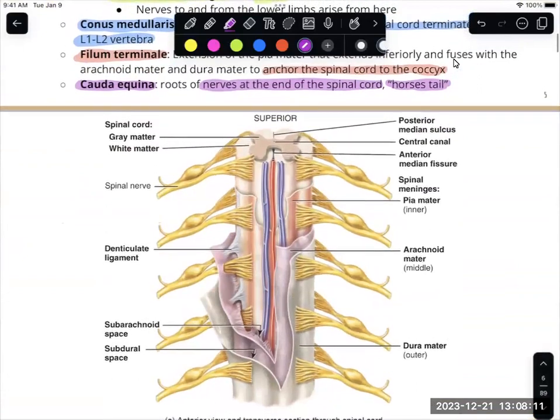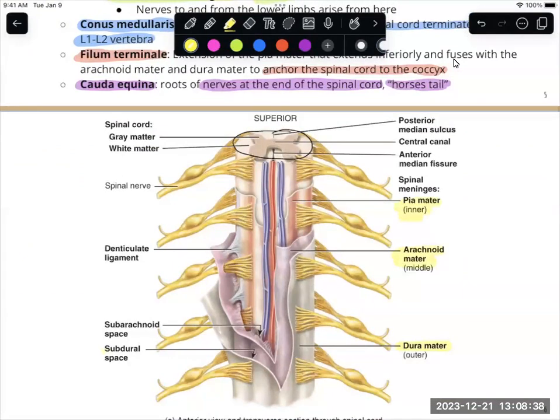So we have our spinal cord. It's that kind of oval-shaped structure up here. We talked about the white matter and the gray matter. We'll go into more details about these different parts later, but the meninges, we have the dura mater on the outside, the arachnoid mater in the middle, pia mater that lays directly on top of the spinal cord.